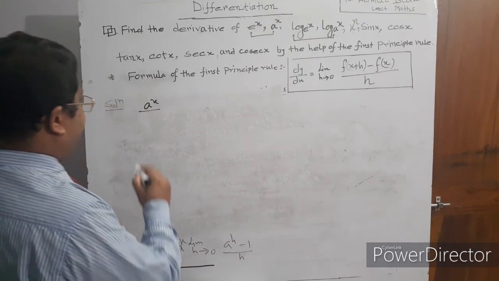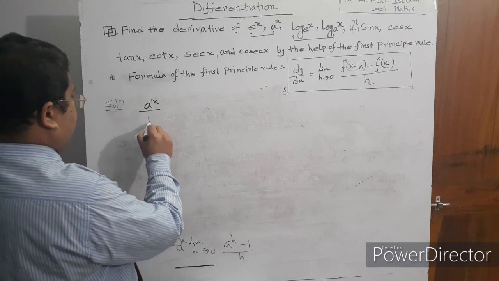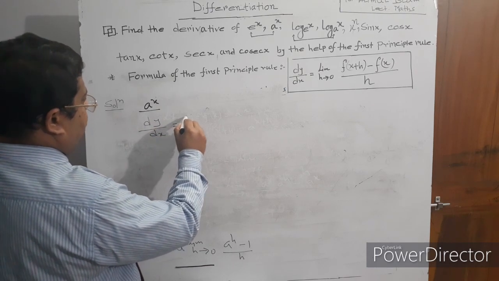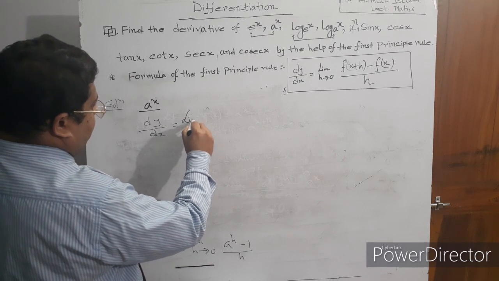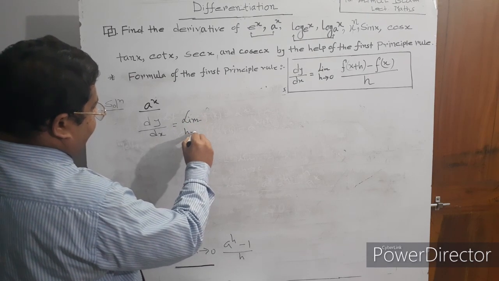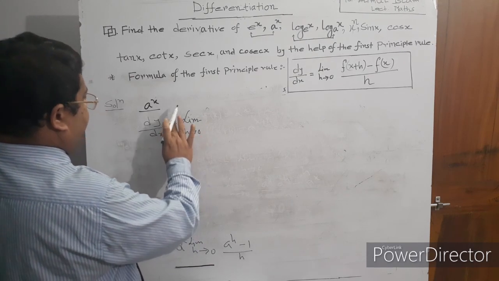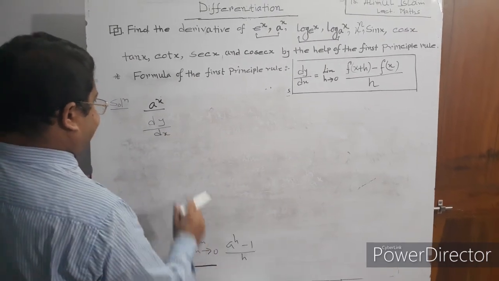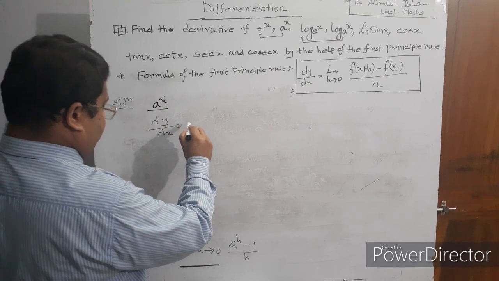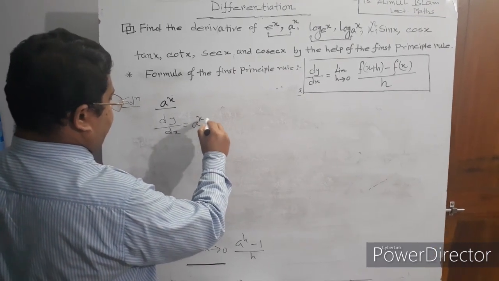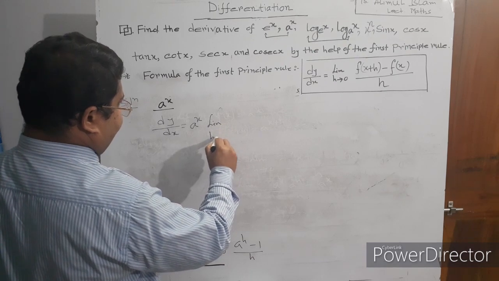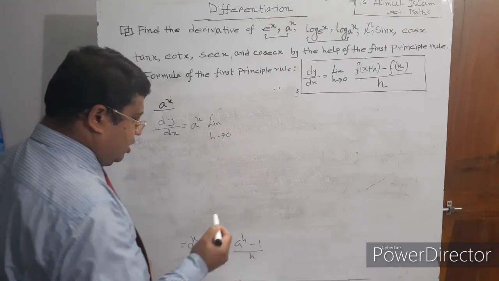Then I write here dy by dx is equal to limit h tends to 0, a to the power x, limit h tends to 0, series of a to the power h.